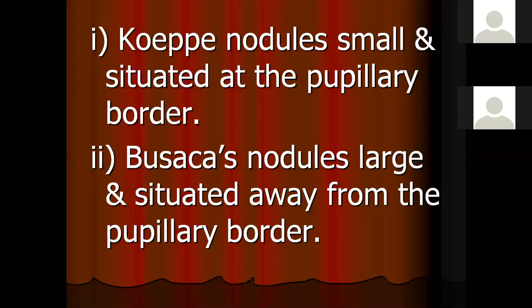Busacca nodules are large and they are situated away from the pupillary border. In your MCQs, these two questions are frequently asked: what are the types of nodules and what is the location?